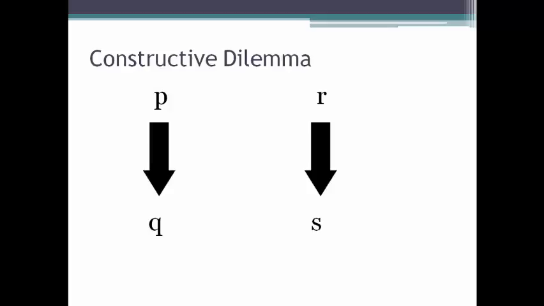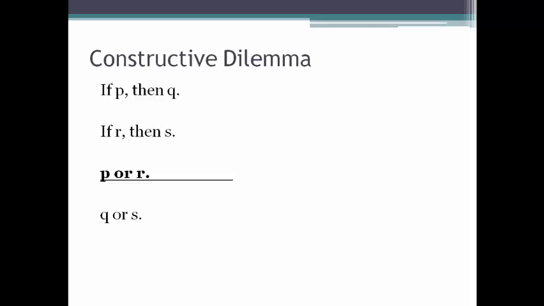The first premise tells us that if P is the case, then Q, and the second premise tells us if R is the case, then S. But we know one of these two things has to be the case, therefore we also know one of these two things has to be the case. And that's what the conclusion claims. Q or S.